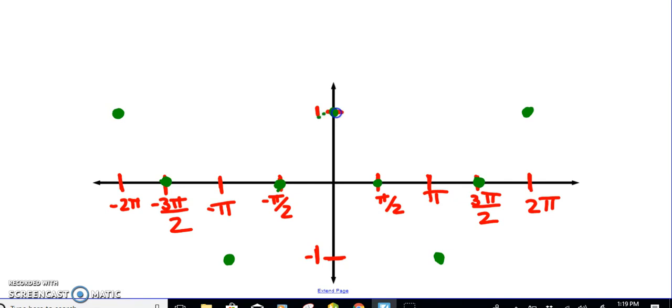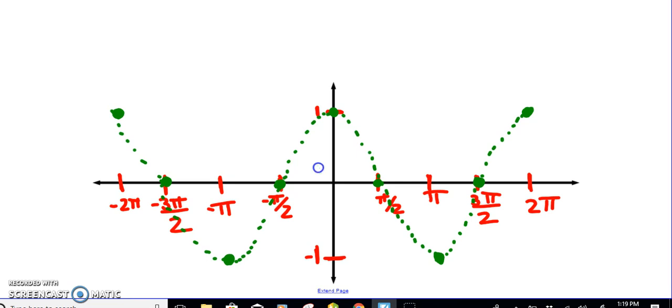So I'm going to do this in dotted line. Remember, make it nice and curvy, all your curves and all your edges.